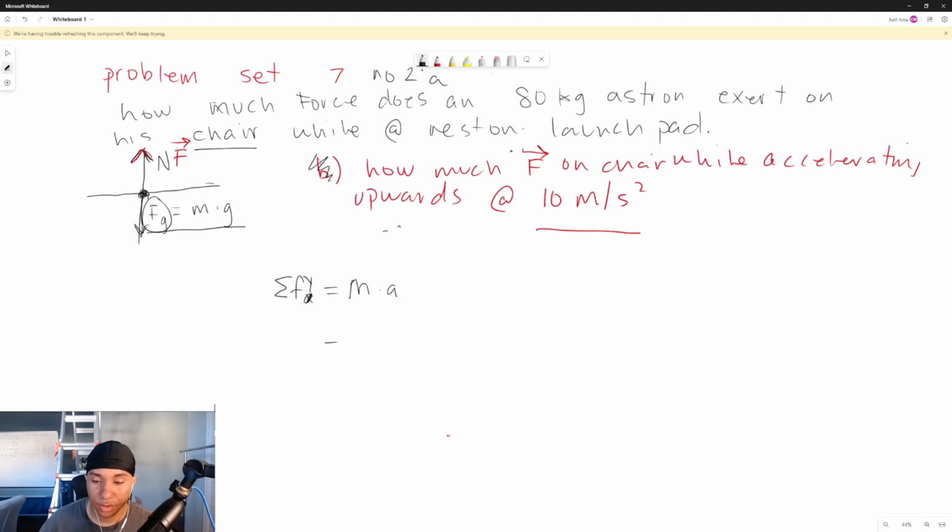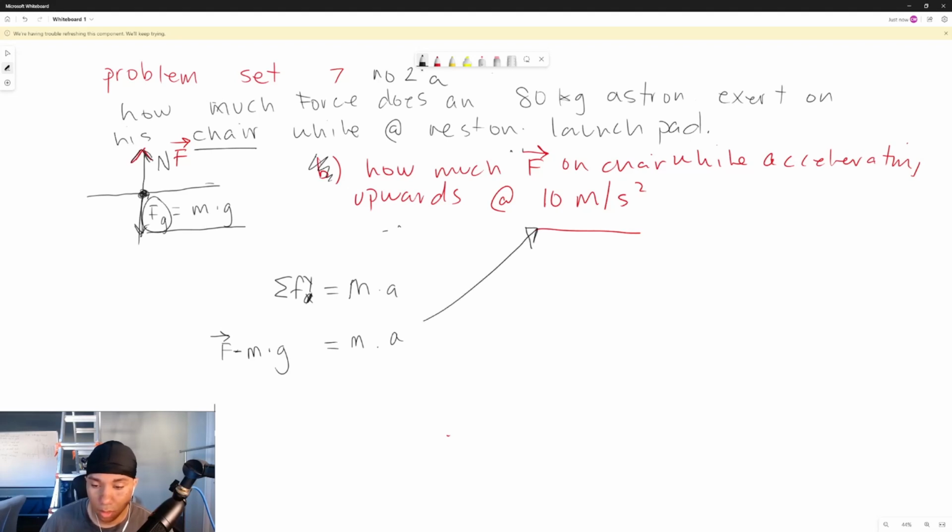We have the force that's pulling him up, then the force that's pulling him down, which is obviously mass times gravity, and this should be equal to mass times the acceleration. The acceleration we're given here is 10 meters per second squared, right?